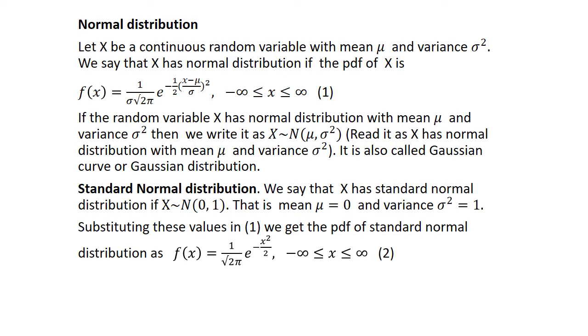Substituting these values in equation 1, when mu is equal to 0 and sigma is equal to 1, we get the PDF of standard normal distribution as f of x is equal to 1 by root of 2 pi e power minus x squared by 2. x ranges from minus infinity to plus infinity.